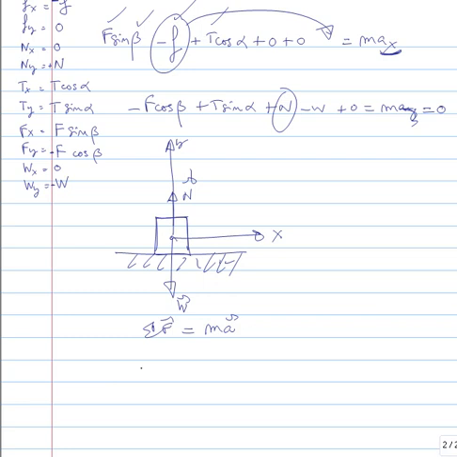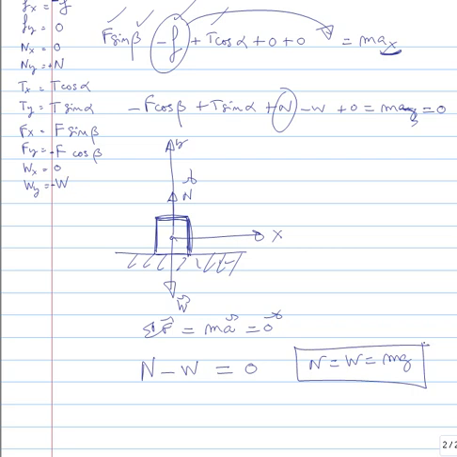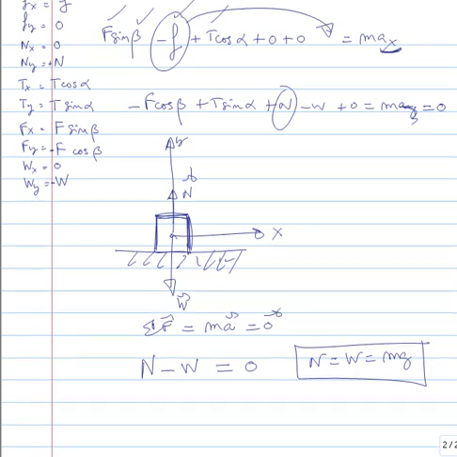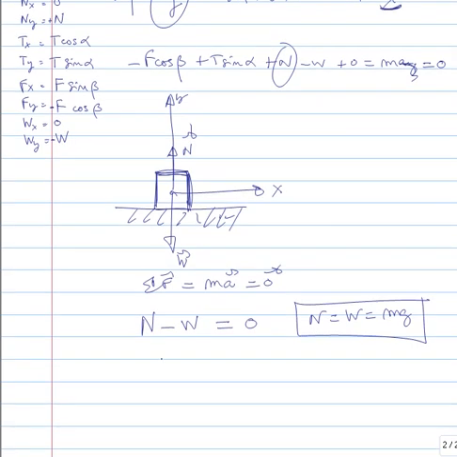Let's do it in the y direction. I'm going to end up with N minus W is equal to 0, given that my system is just sitting on that surface without being accelerated. Therefore, I know that this is equal to 0. In this case, N is equal to W is equal to mg. So my normal force in this particular case is equal to mg. There are no forces in the x direction, therefore 0 is equal to 0.